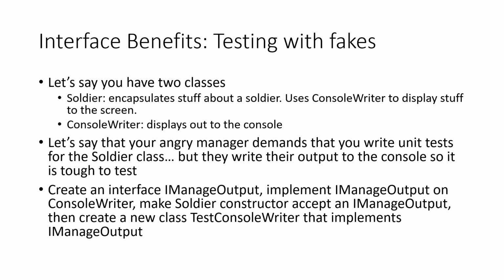So maybe we build an interface that says save data, and then we have two different classes. One is a production database data saver, and it implements ISaveData, right? Then we have another class, test save data to a file, that implements ISaveData. Okay, this is a very common technique.